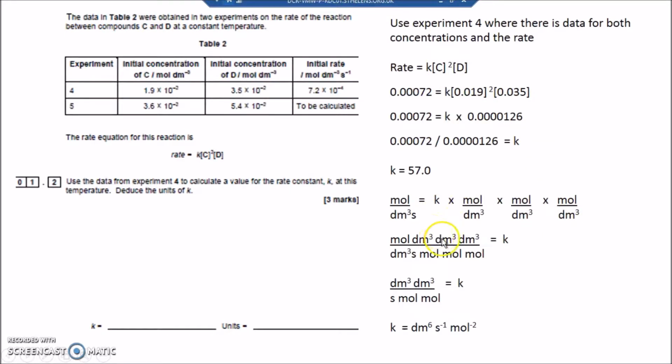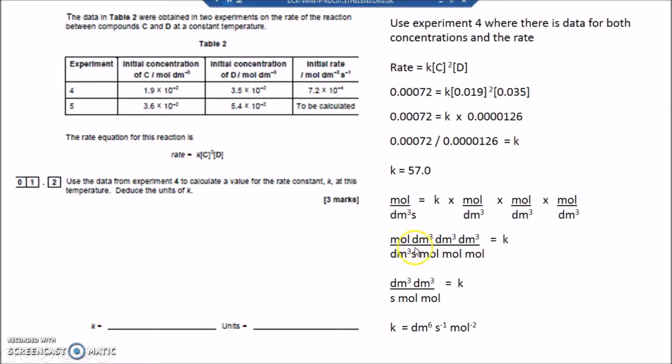So what you can do therefore is the 3 decimeter cubes on the bottom on this side become 3 decimeter cubed on the top. If you take them across the equal sign, they come to the top. So I've got mole, and I've got 1, 2, 3 decimeter cubed on the top on the other side, and I've got mole, mole, mole on this side on the top. If they go across the equal sign, they go to the bottom.